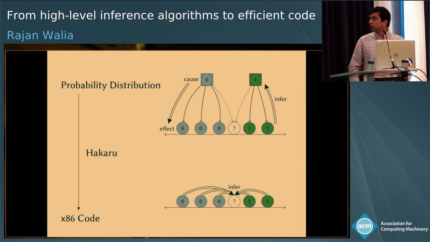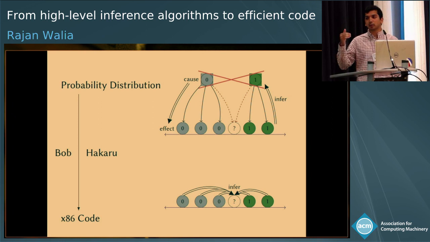So we have this probability distribution, and we use our language to generate efficient code out of it. But what Bob did is, these source locations are redundant. They are not in the input, they're not in the output, but they come in our model. So we want to optimize those out. And we want to go directly from the labels of known balls to the unknown label. That's the problem Bob solved in his paper, and that's called eliminating latent variables.